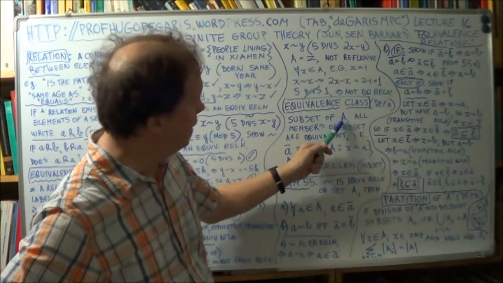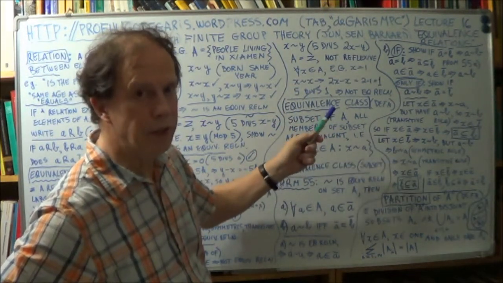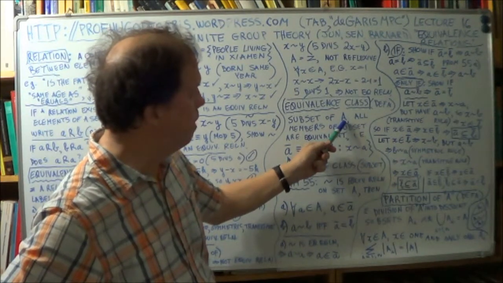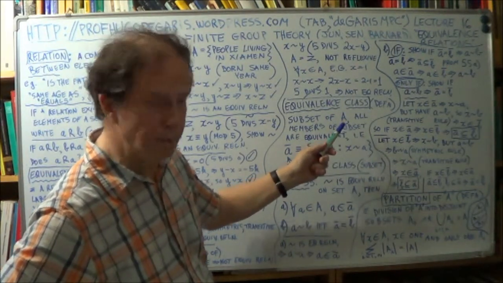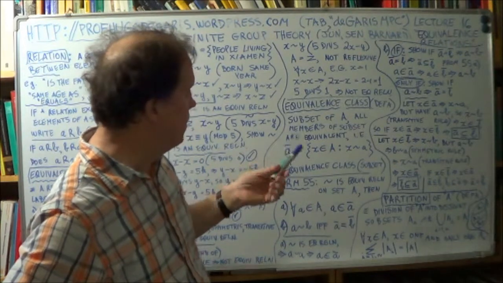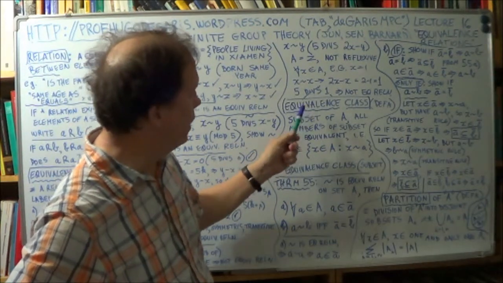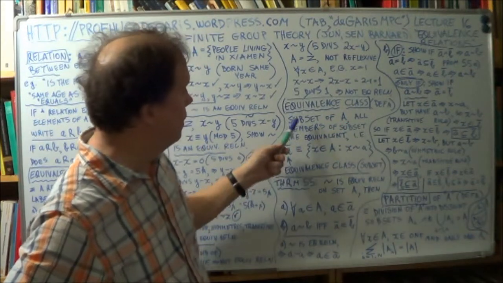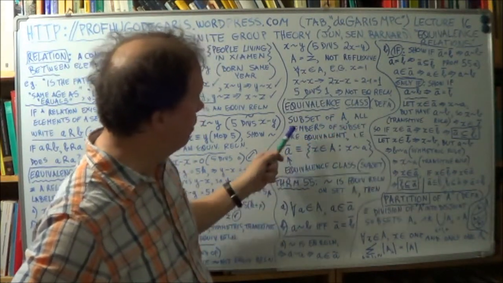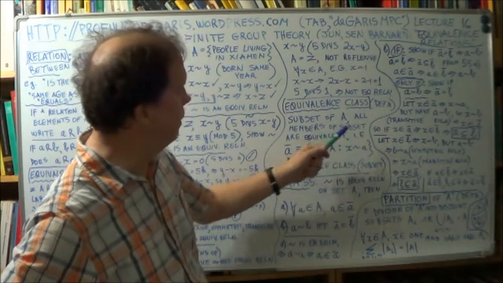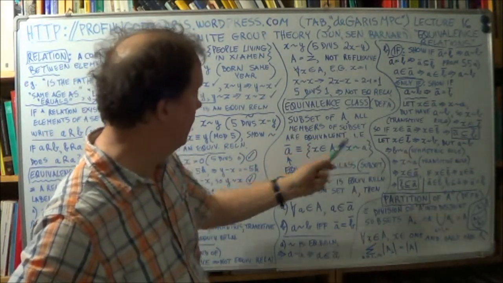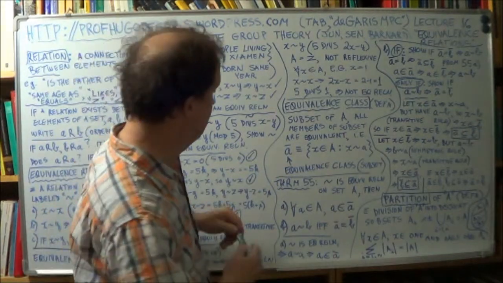You have a class A, right? And you have an equivalence relation on the members of A. So an equivalence class, or an equivalence subset, if you like, is a subset of A, and all the members of that subset are all equivalent to each other. Okay?